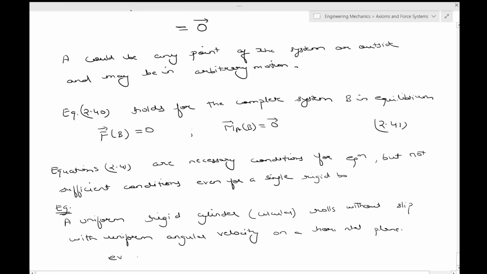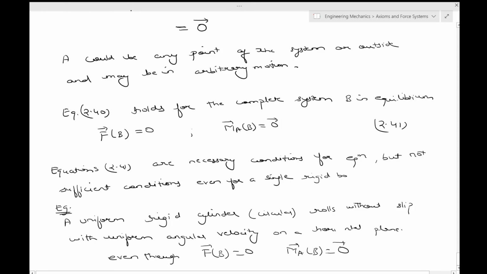Even though the external forces on this body is 0, okay, and the moments about an arbitrary point is equal to 0, say the point of contact. So these conditions are satisfied, but still the body is not in equilibrium.